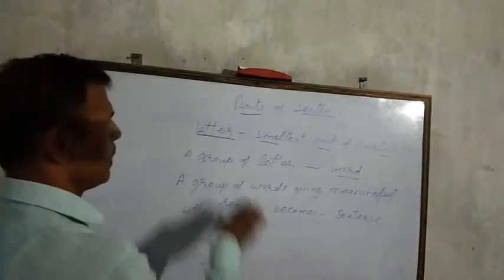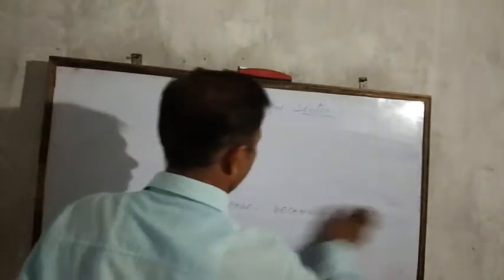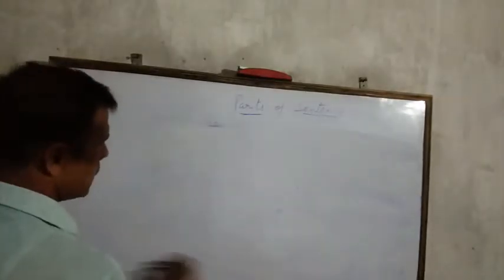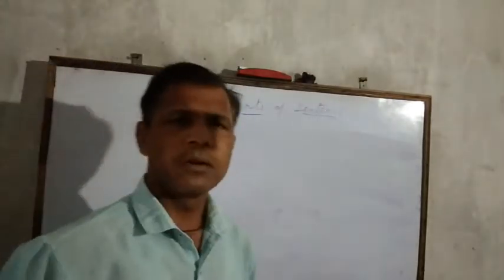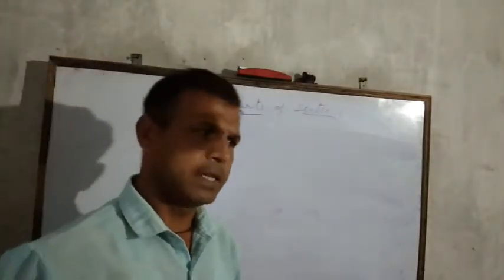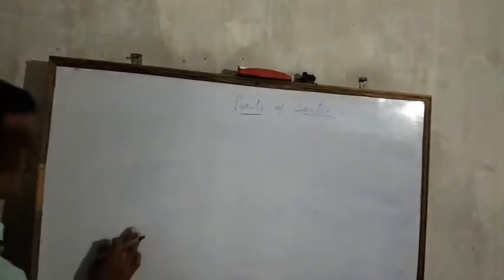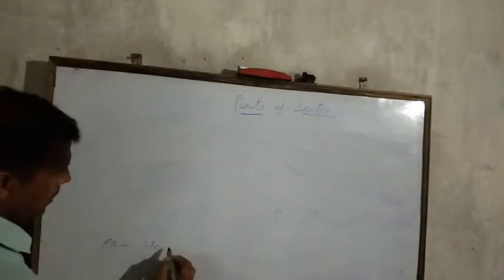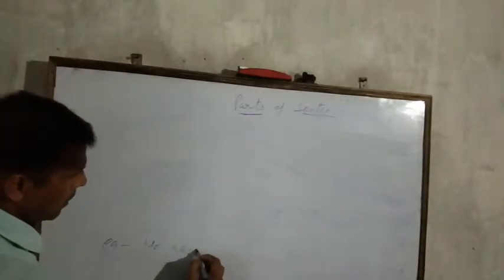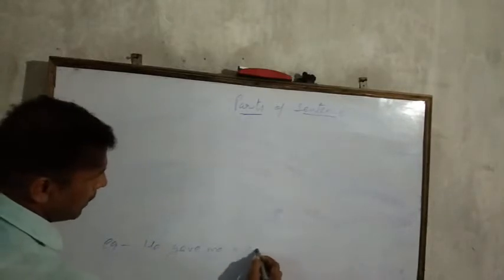So in this way a sentence takes place. Now we will discuss the sentence. Actually, a sentence is a group of words that gives a meaningful sense. For example, here is an example: He gave me a pen.